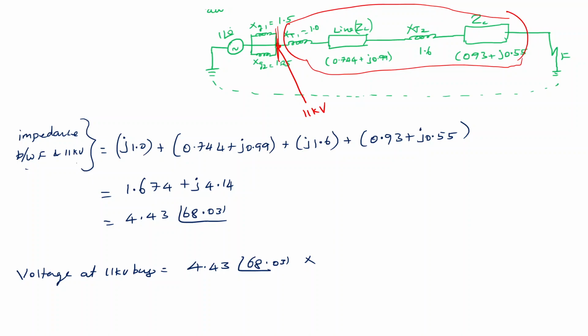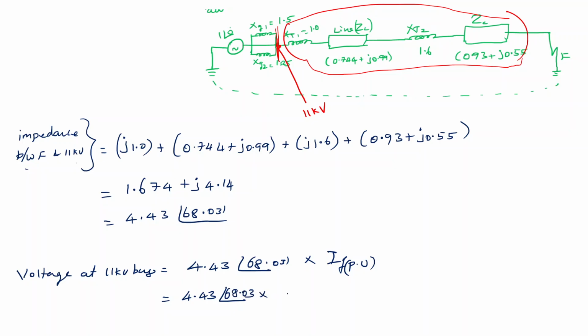The IF per unit value, 0.196. Okay, so multiply and tell me the value. Let's check whether mine is correct or not.